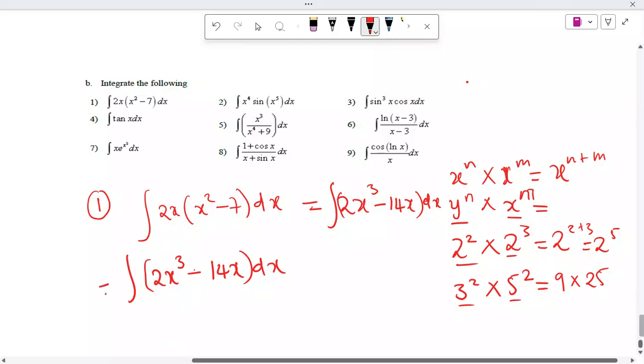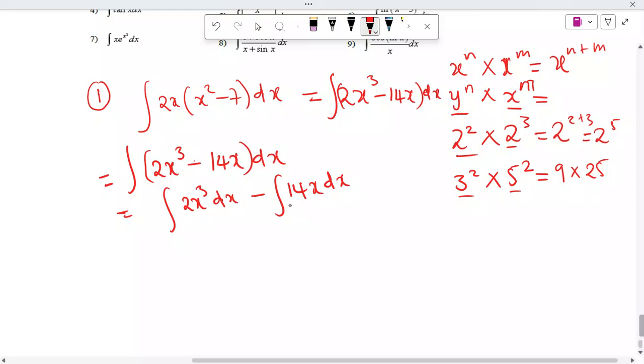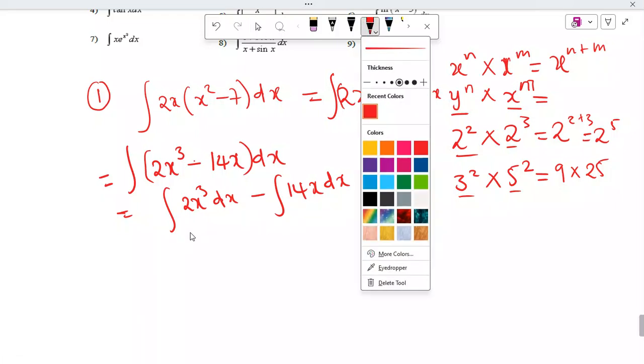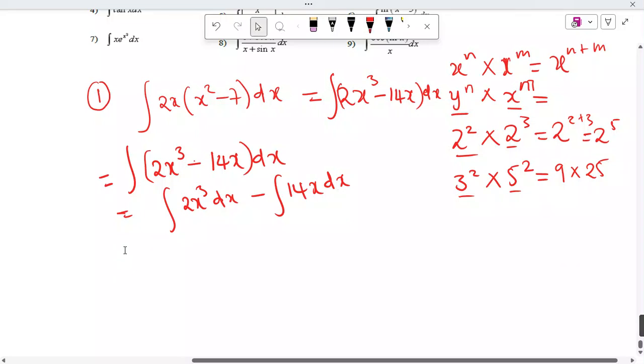So this is the same as integrating 2x to the power 3 dx minus integrating 14x dx. Okay, so 14 and 2, they are constants, so we can take them out. You guys remember from our previous discussion on partial fractions.